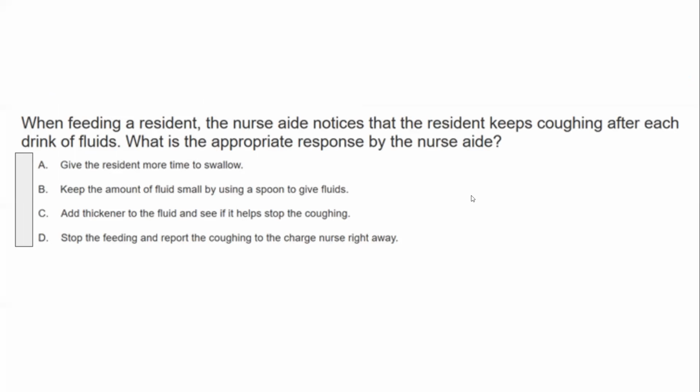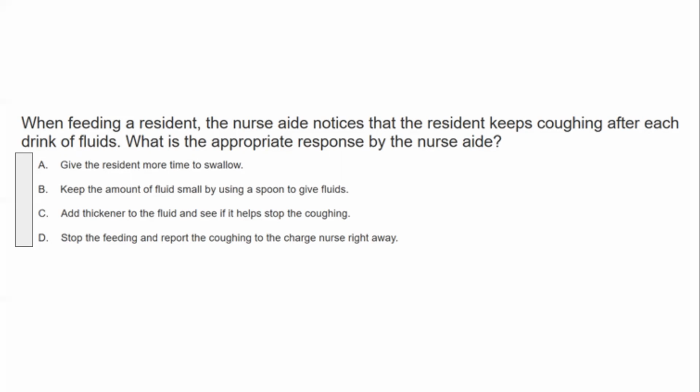When feeding a resident, the nurse aide notices that the resident keeps coughing after each drink of fluids. What is the appropriate response by the nurse aide? A, give the resident more time to swallow. B, keep the amount of fluid small by using a spoon to give fluids.